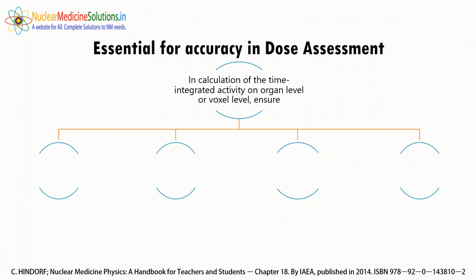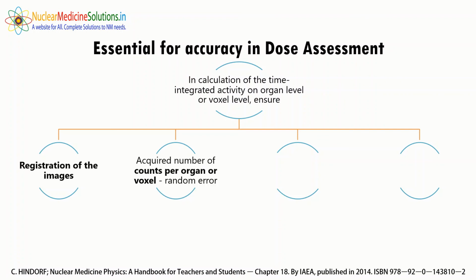So what are the essentials for accuracy of dose assessment? In order to calculate time integrated activity on an organ level or a voxel level, please ensure there is a registration of images and the acquired number of counts per organ or voxel. Random errors should be avoided.